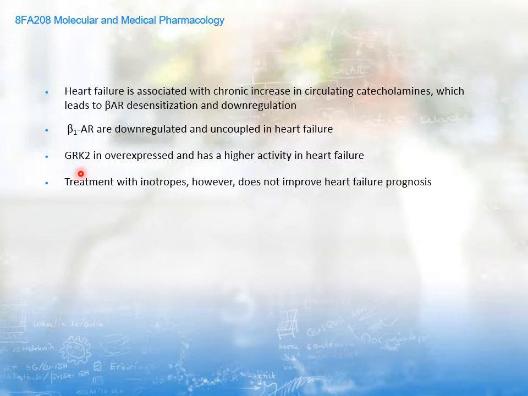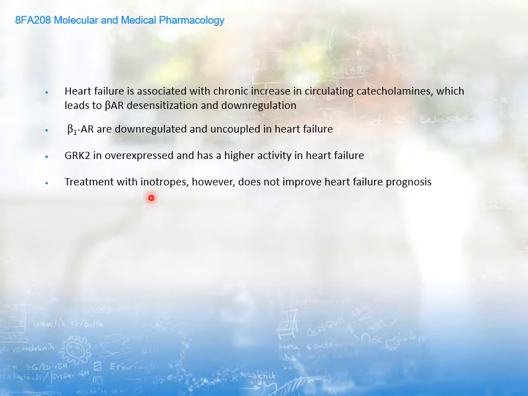The interesting thing, though, is if we consider what we can do about it, and this has been a long-term problem that we have known. It's well known nowadays that treating the body with inotropic drugs, drugs that will stimulate the heart to pump more, will not improve the prognosis of heart failure. Essentially, when inotropic drugs are given, we would be keeping the vicious circle I outlined earlier going.